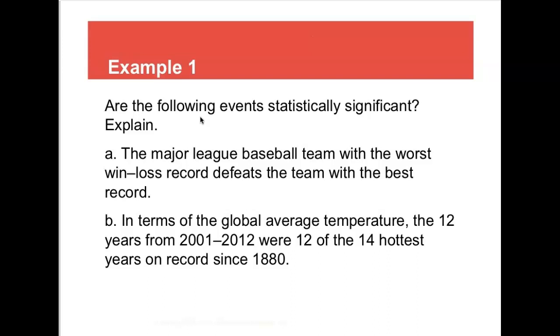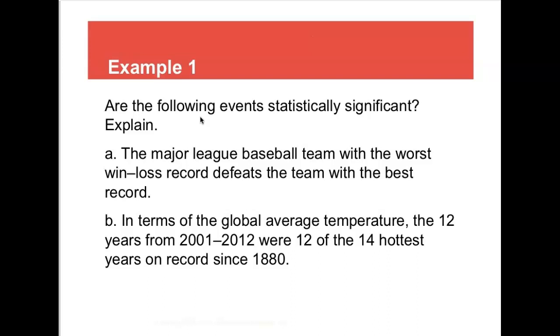Do you know how many games are in a baseball season? There's a bunch, 162. And so the idea there is even the worst teams, they win sometimes. And even the best teams lose sometimes. So even if you have the worst team playing the best team, it's pretty rare that the best team will just win every single game against them because they play each other like 40 times throughout the season.